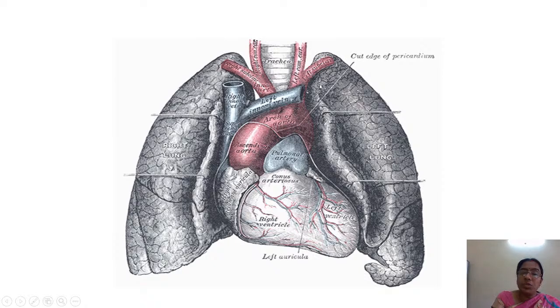Behind, it is related to the pleura along with the lungs. Medially, the right atrium is related to the mediastinal surface of the lung. The lung has some surfaces, and the medial surface includes the mediastinal surface. Laterally, it is related to the pulmonary trunk along with the left lung. So these are the relations of the right atrium.